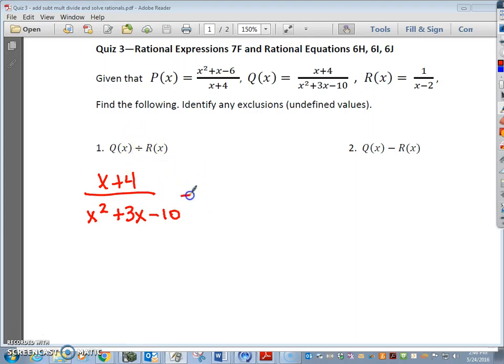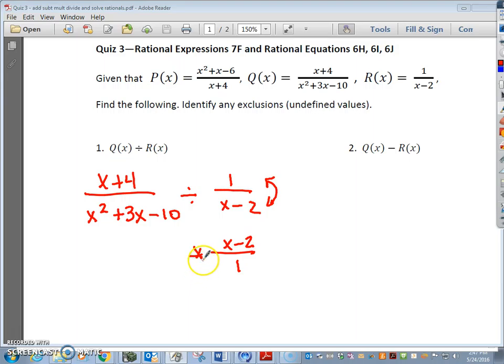And it says to divide by R of x, which is 1 over x minus 2. Dividing by a rational, this rational is just a fraction, right? How do we divide a fraction? We multiply by the reciprocal of the second one, right? So instead of 1 over x minus 2, it's going to be x minus 2 over 1.